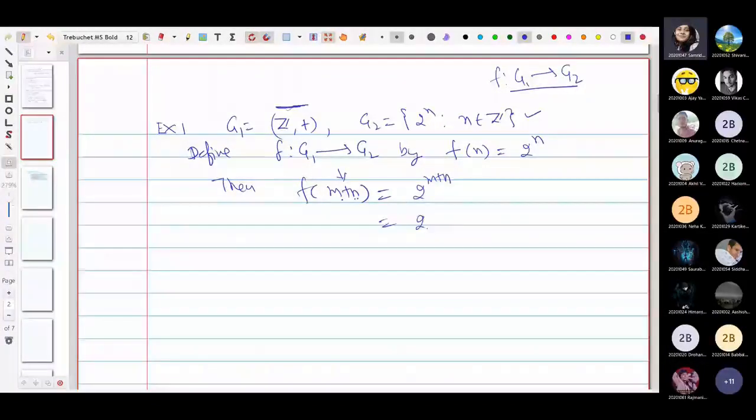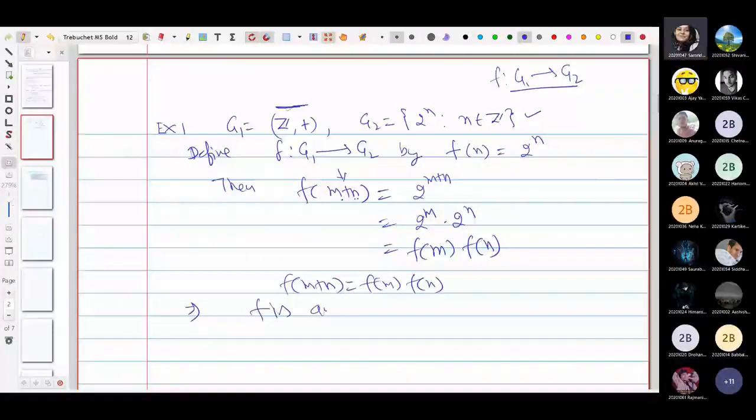Using the index law we can write 2 to the power m times 2 to the power n, and this equals f(m) f(n). So we got f(m+n) equals f(m) f(n). It means that f is a homomorphism.